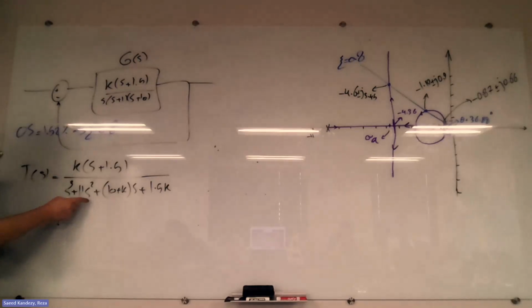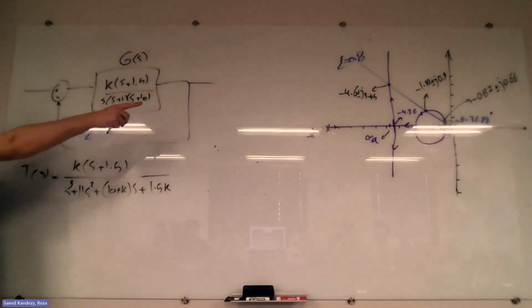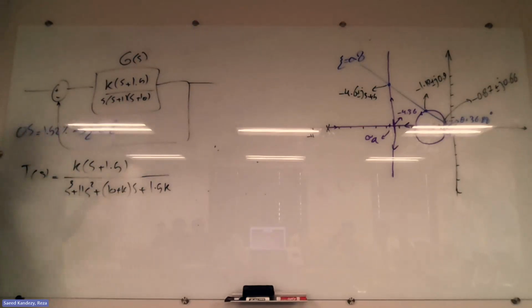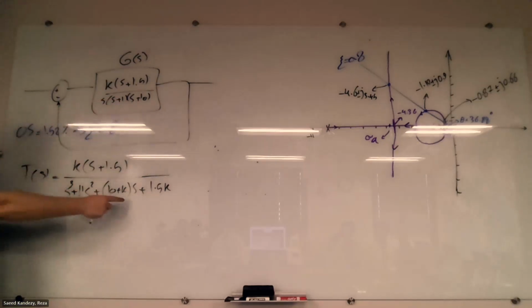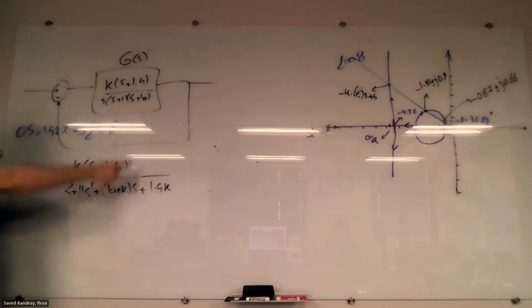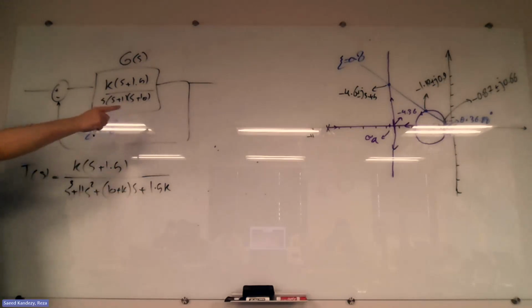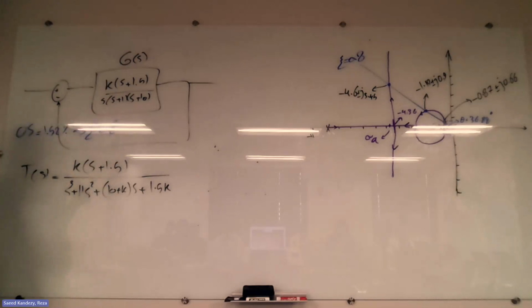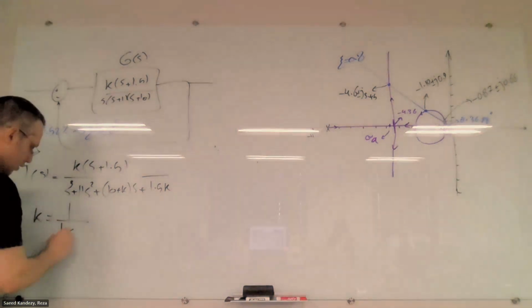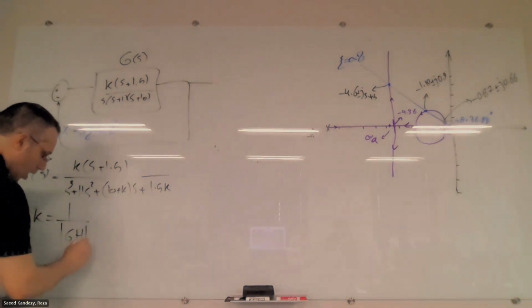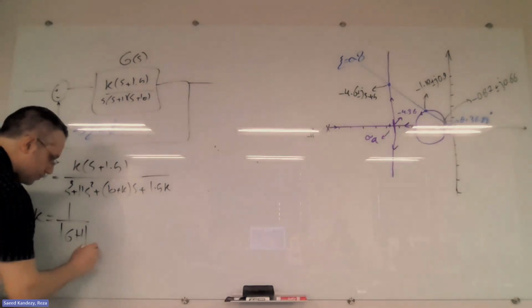If two of the poles of this function are those two, we can find for what value of k it would meet the poles at that point. Is that clear what we're talking about? You remember that k is 1 over GH on a specific pole.